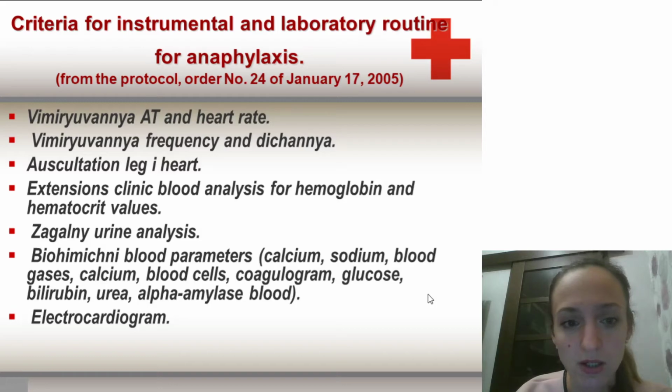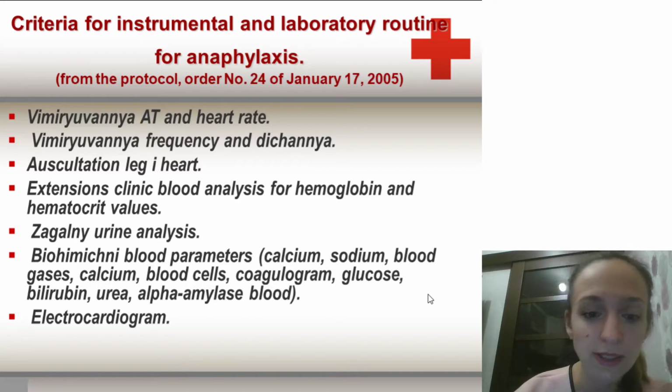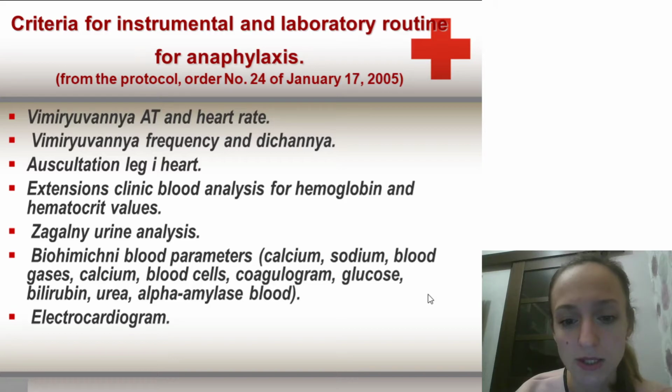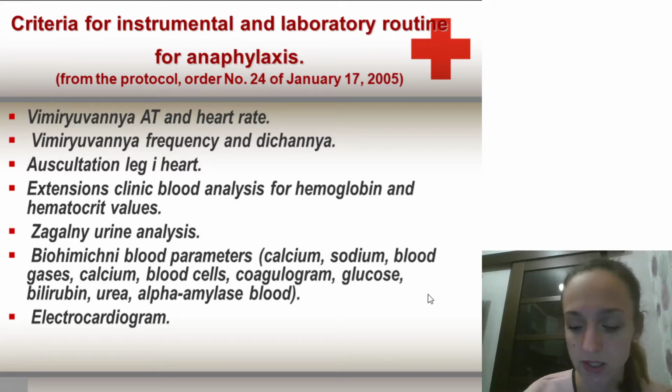Heart rate, respiratory frequency, auscultation of lungs and heart, then clinical blood analysis for hemoglobin and hematocrit values, general urine analysis, biochemical blood parameters: calcium, sodium, blood gas, blood cells, glucose, bilirubin, urea, and alpha amylase, and electrocardiogram.